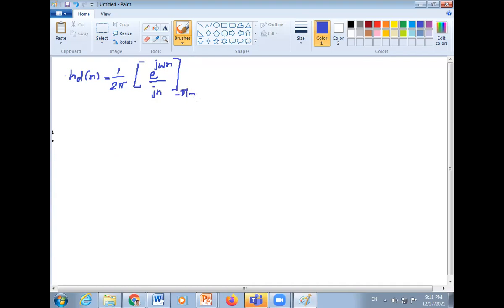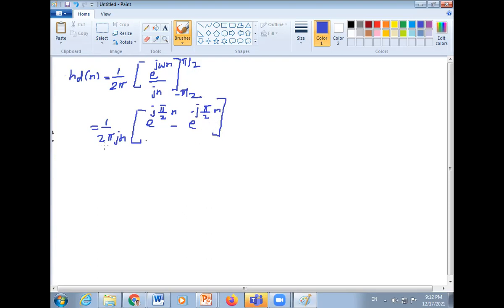This equals 1 by 2 pi, taking jn outside, and then e power j pi by 2 n minus e power minus j pi by 2 n.